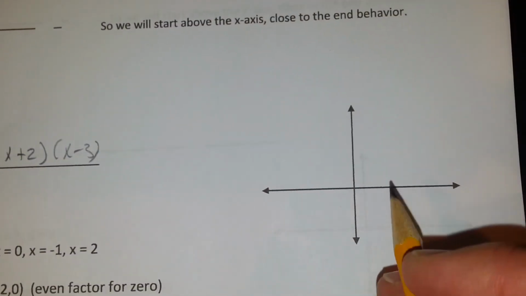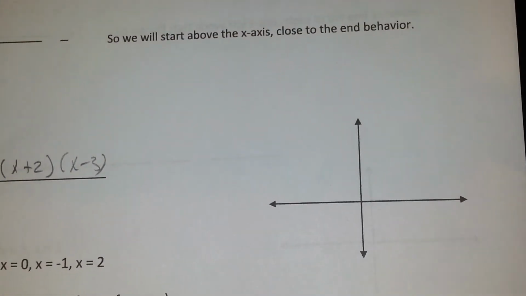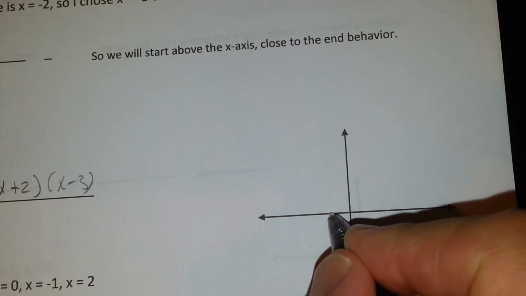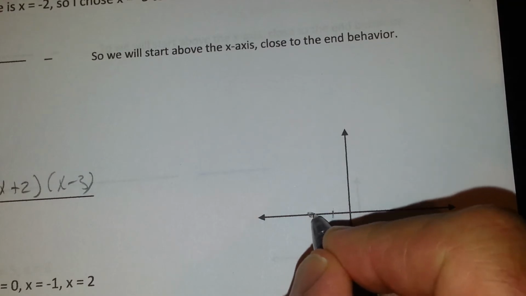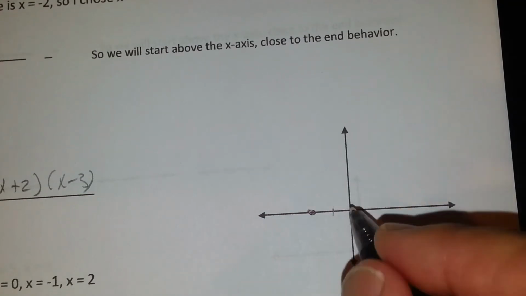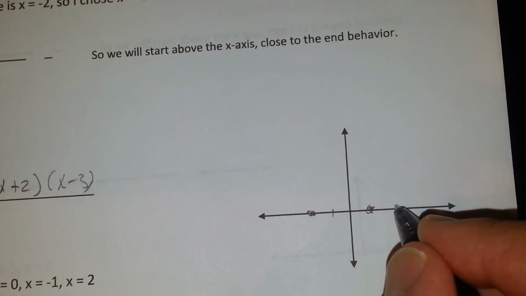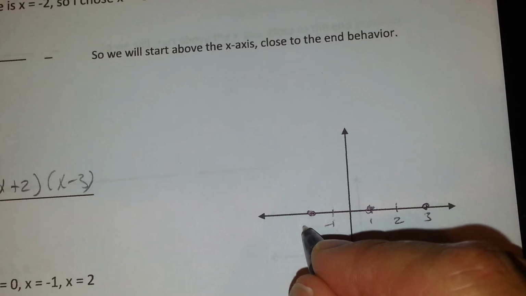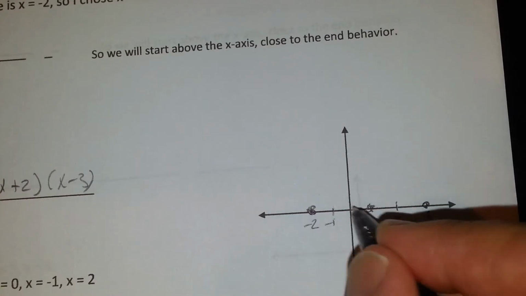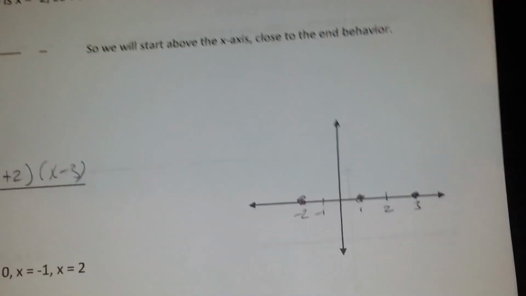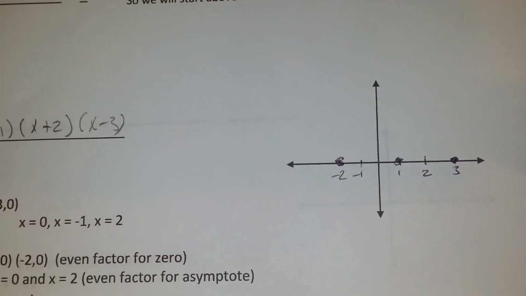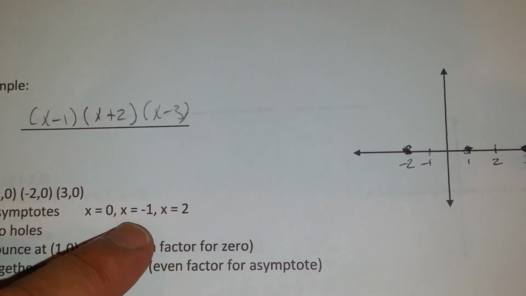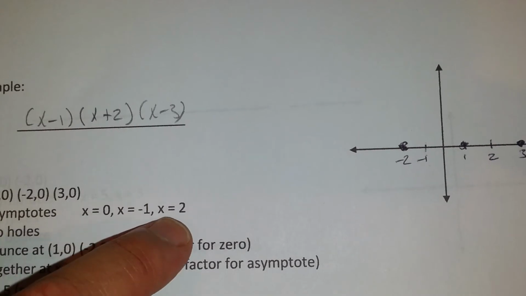So I'm going to go ahead and mark -2, 1, 2, and 3. These circles are my zeros, the x-intercepts. I have asymptotes at 0, negative 1, and negative 2.